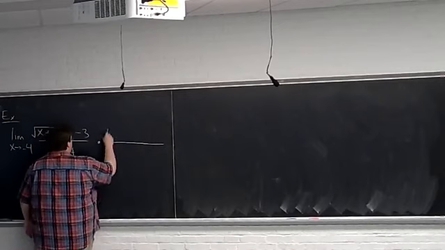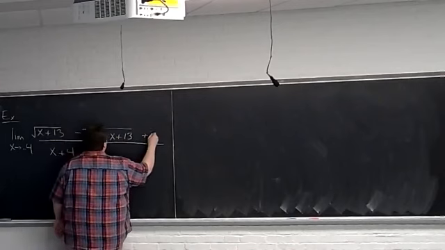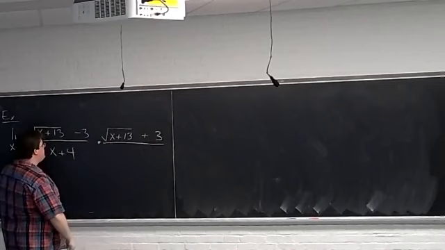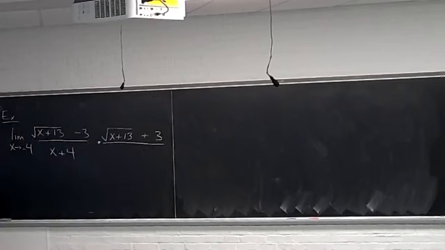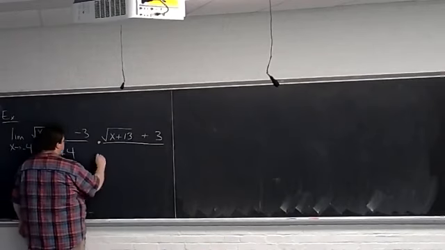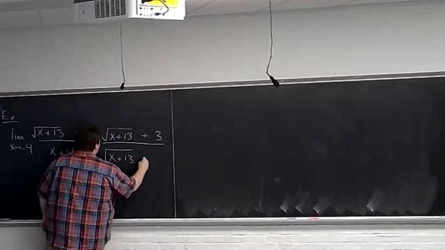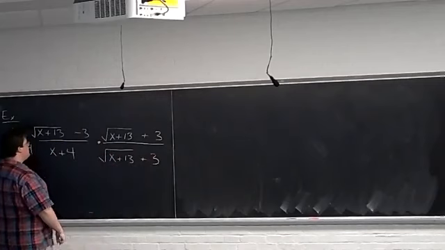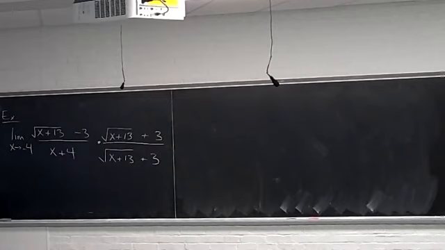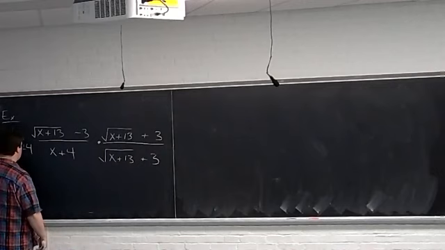Which one will we take? Well, if we multiply the numerator by that, we will see a convenient substitution. But we can't change the function. We can only multiply by 1. So we have to multiply by 1. This 1 will cause the numerator to simplify conveniently.